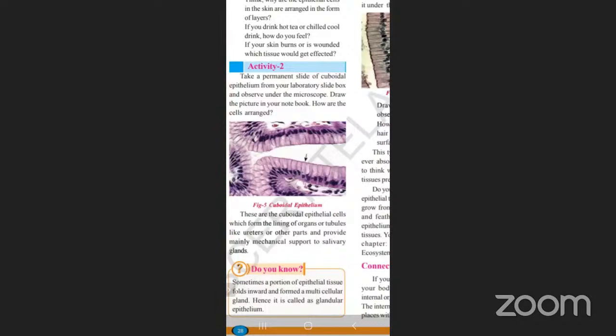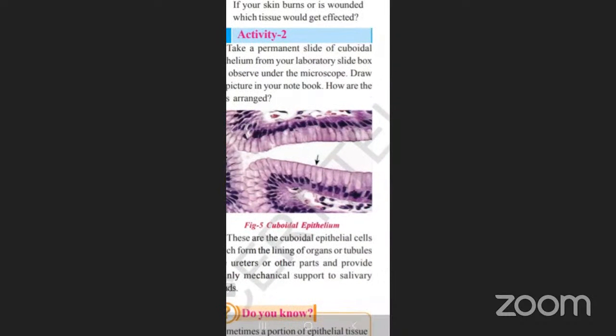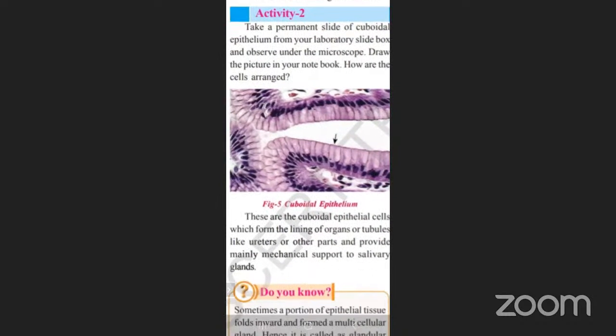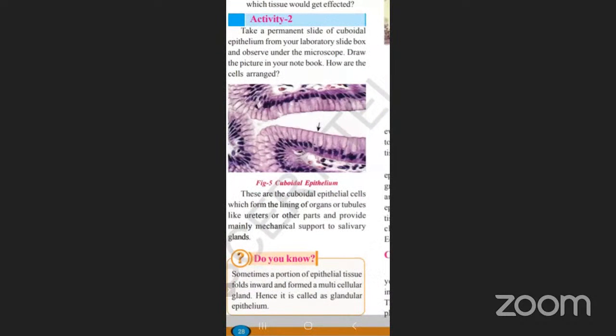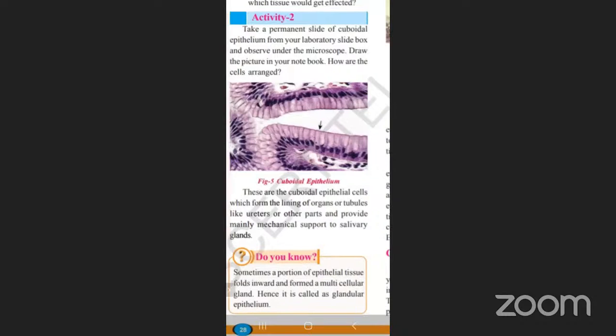By observing that drawing, you have to think how the cells are arranged. Here, this is a cuboidal tissue. Look at the screen. It looks like a snake, right? Keep that in your mind to get an idea about the image. You have to compare with day-to-day life things.